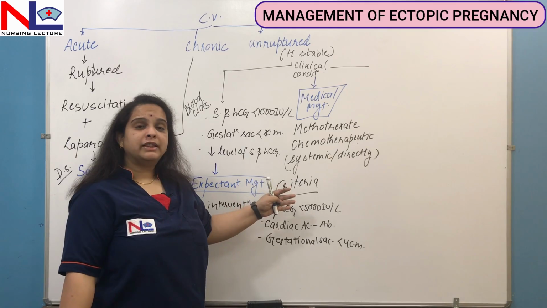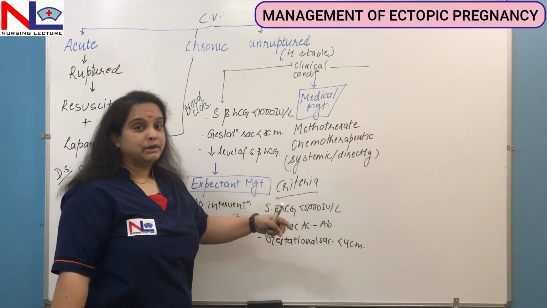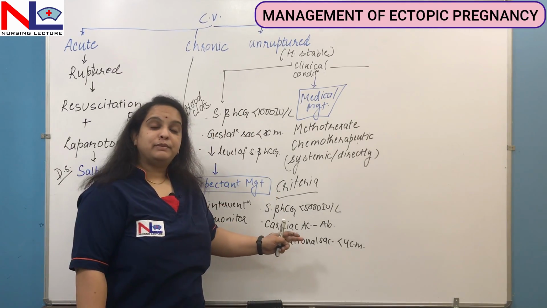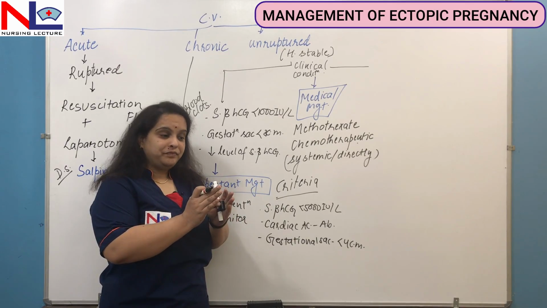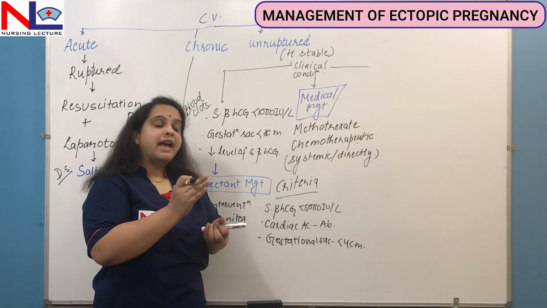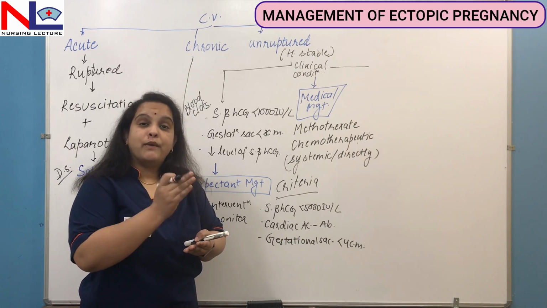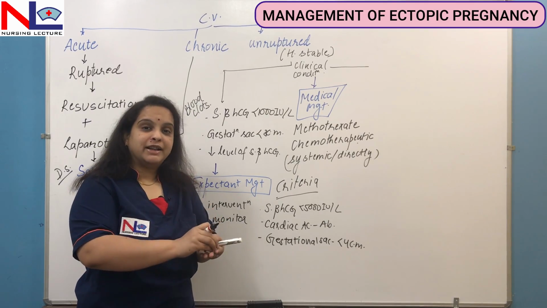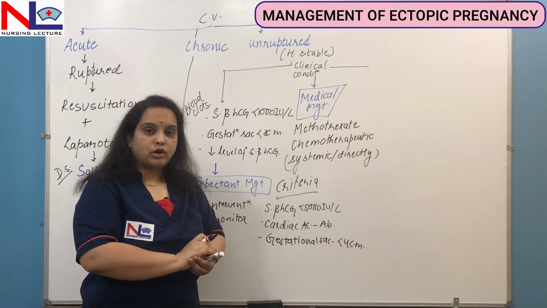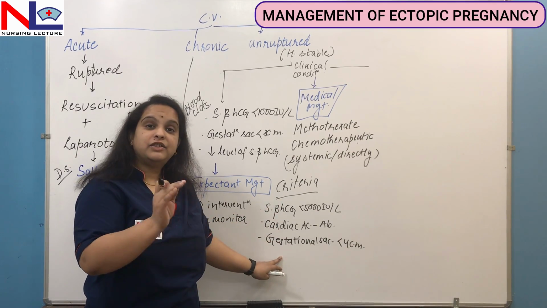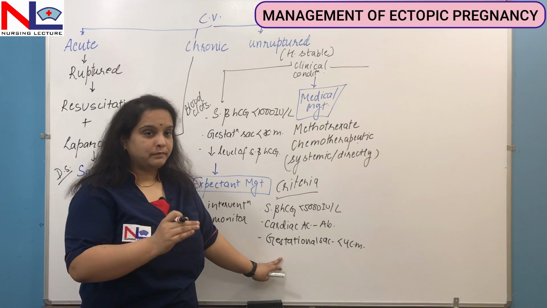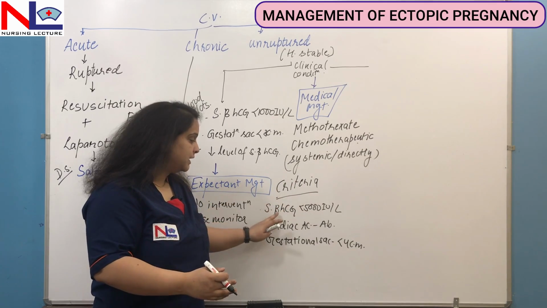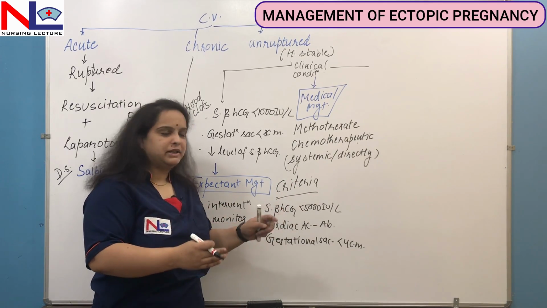Not only this, the woman should also be hemodynamically stable, meaning the tube should not be ruptured, and she should be counseled very well, because this is not a one-day procedure where she takes medicine today and it resolves automatically. She needs to come regularly for follow-up, for taking the drugs regularly, as well as for continuous monitoring of serum beta HCG value.